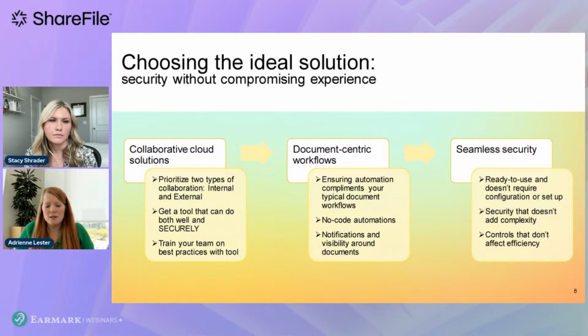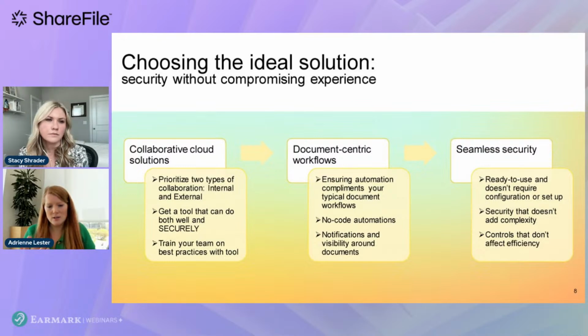I bring it up because if you err on the side of super, super locked down, what we've seen a lot, and I know Stacey's alluded to it, is you may have a mutiny among your staff, and they may just find ways around it. A lot of vendors talk about really important granular permissions and tools, but I don't think there's as much on the ease of use of the tool.